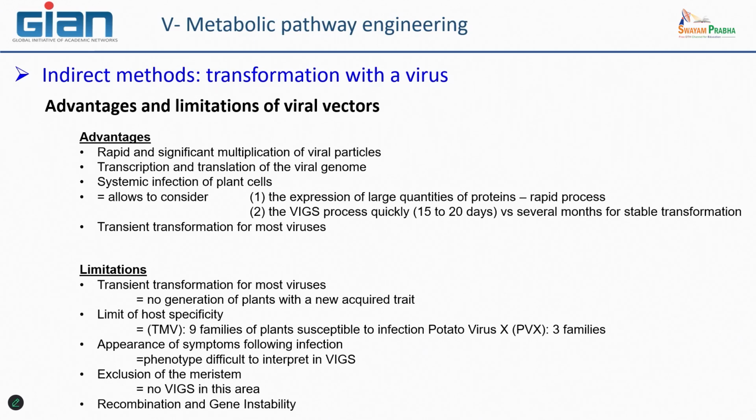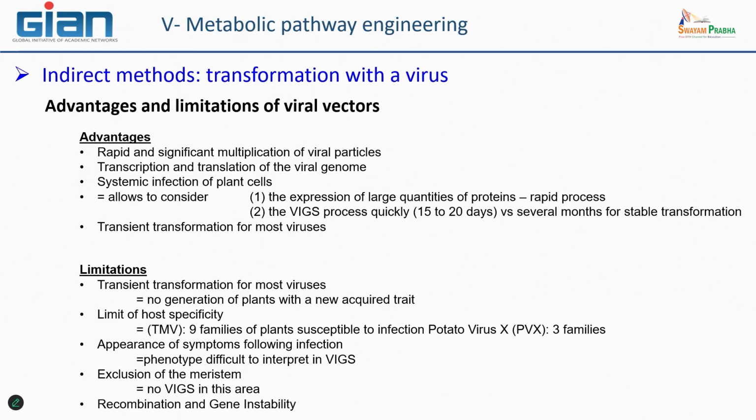We can use this type of process to express a specific protein, which is a very rapid process, in some hours. Or we can also do what we call a VIGS process quickly, in 15 to 20 days. Now it's less than this time, in order to qualify, for example, some new enzyme, a new gene encoding a new enzyme.